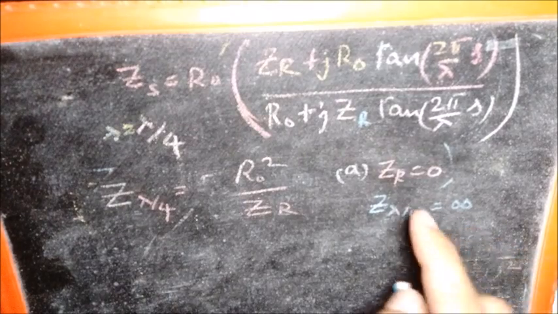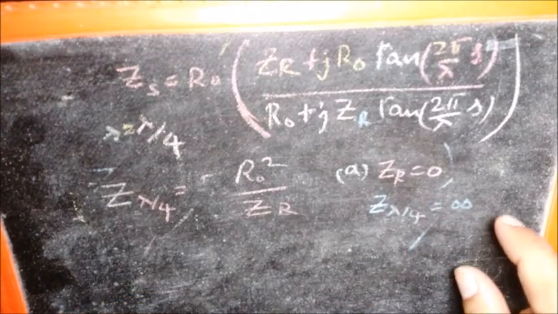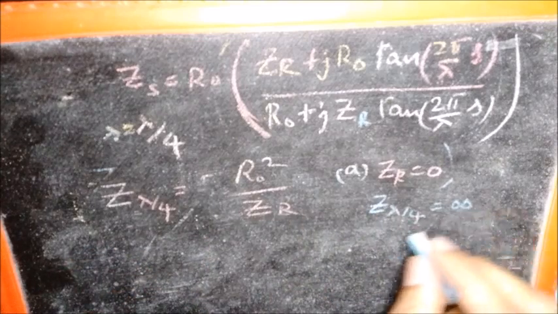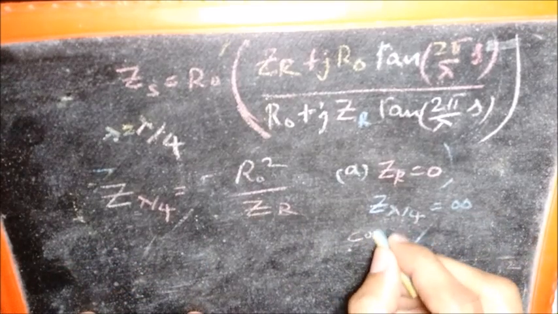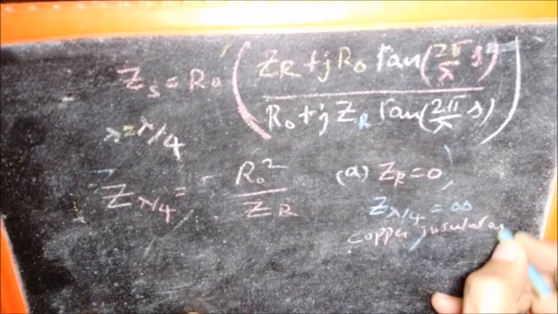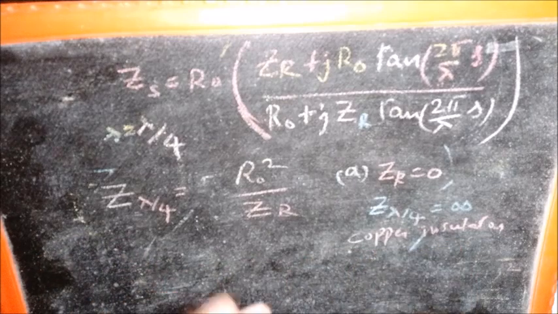That means that when the lambda by 4 transmission line is short circuited, its input impedance looks like infinity. And this is sometimes called a copper insulator, for obvious reasons, because its input impedance is infinite, and that's an insulator ideally.